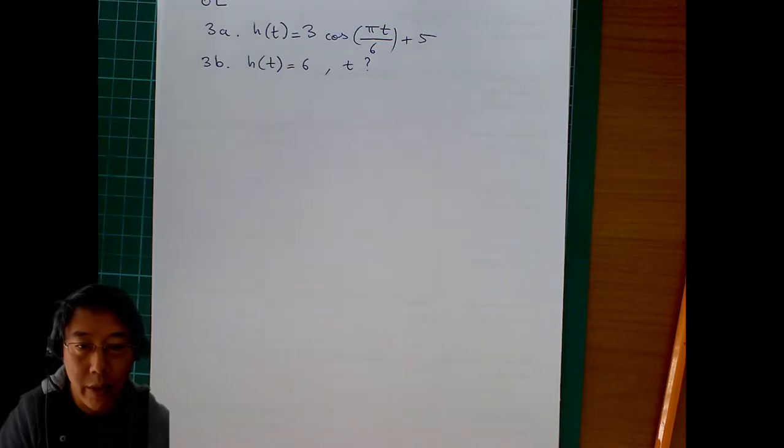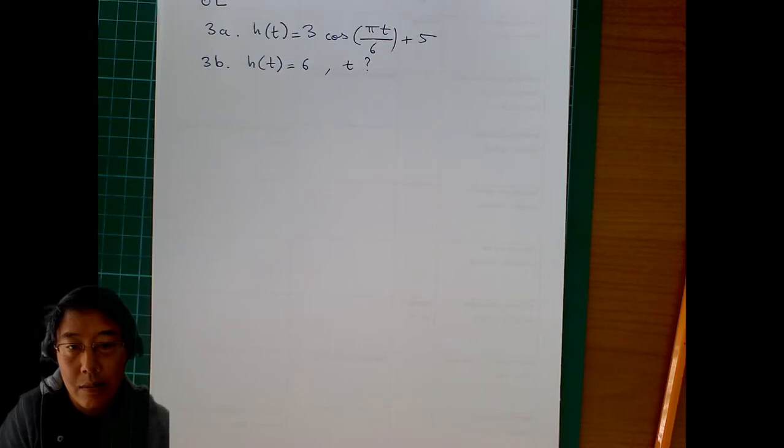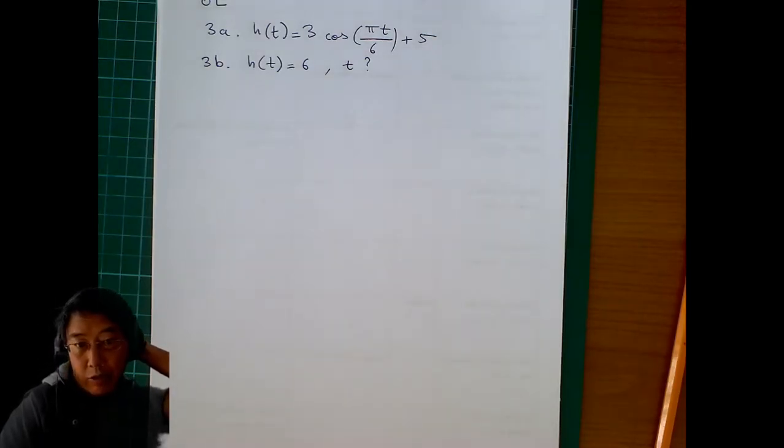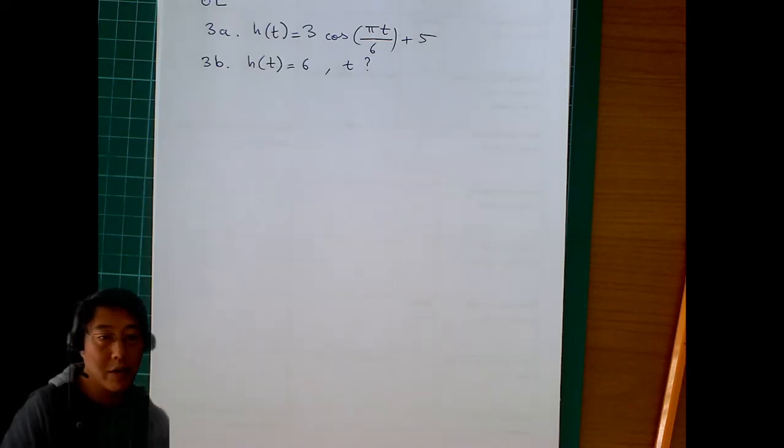Now, before I solve for that, obviously what we want to find is the values within a day, right? So we don't need to go over t equals 24.